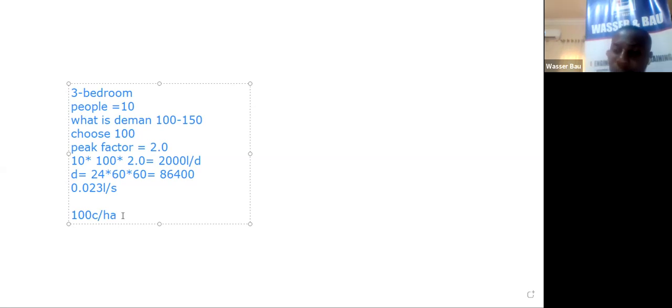So every 1 hectare will generate 100 times the flow per person, times maybe the safety factor 2.